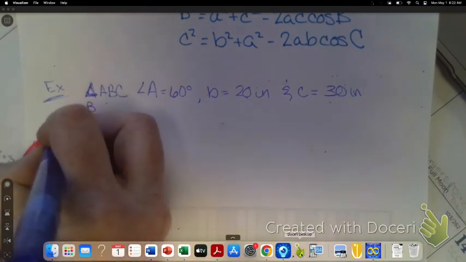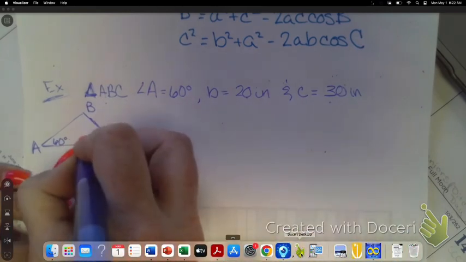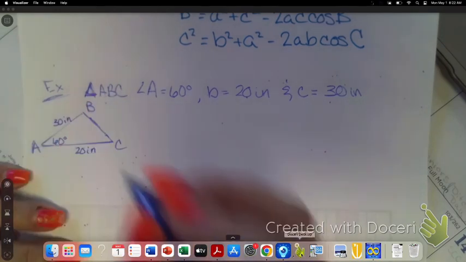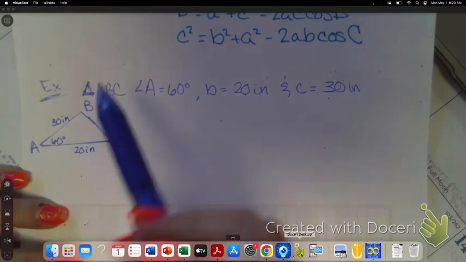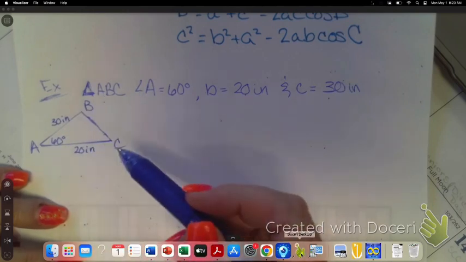So I have 60 and 20 and 30. So do I have enough to use law of sines? No. I have law of cosines. I don't have a complete ratio, so I can't.